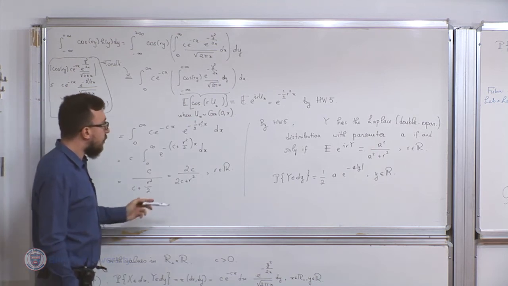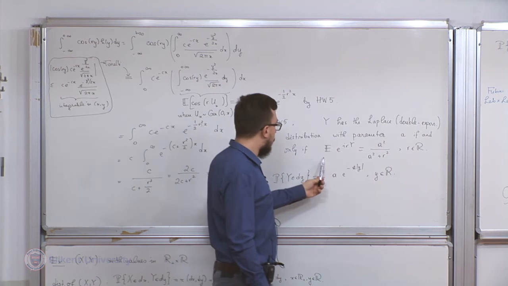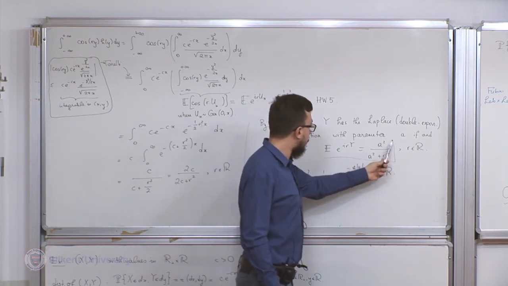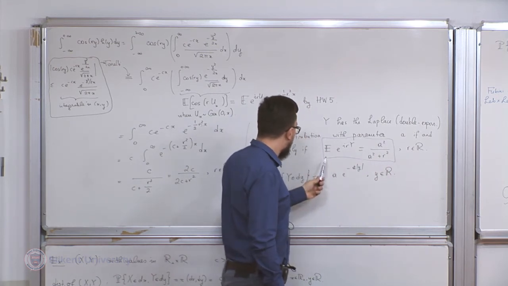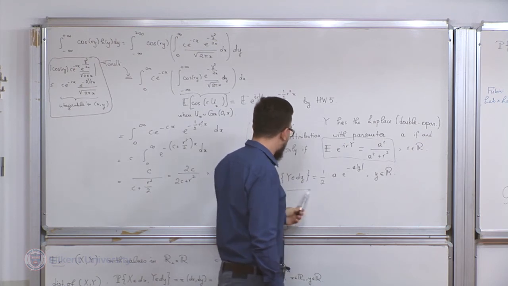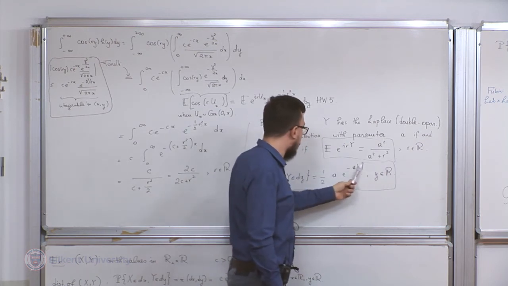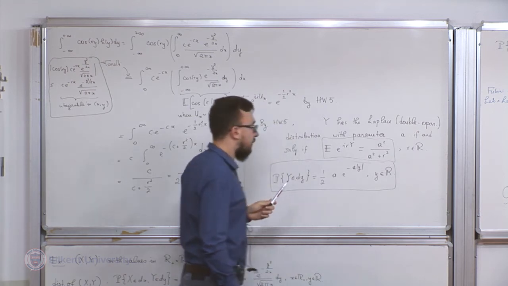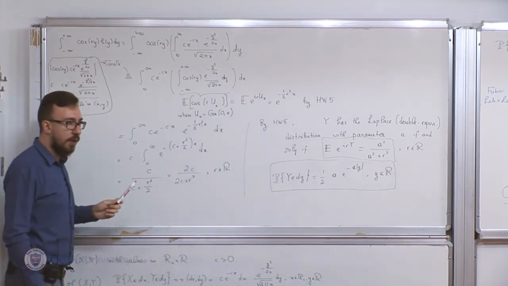So in other words, if you know that the Fourier transform of a random variable has this form, you can be sure that it is a Laplace distributed random variable with this probability density function. Okay?